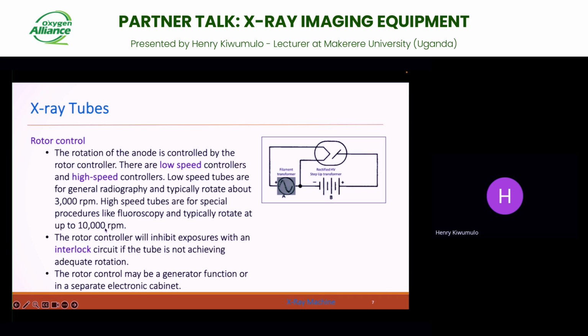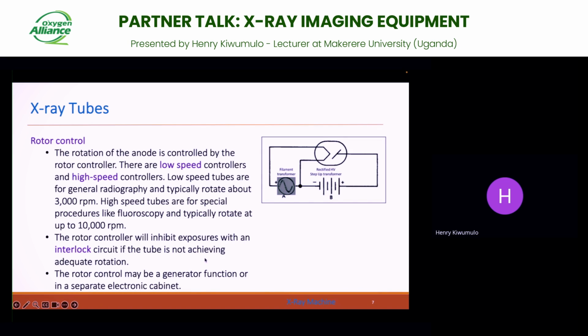And then there are those that are high-speed, and these are for special exams like fluoroscopy, and these can run up to 10,000 RPM. And of course, as this rotor controller rotates, there's what we call an interlock circuit, and this sometimes inhibits the exposure if the circuit fails. So sometimes it's also very important to check on this circuit, especially if the rotor is not working well.